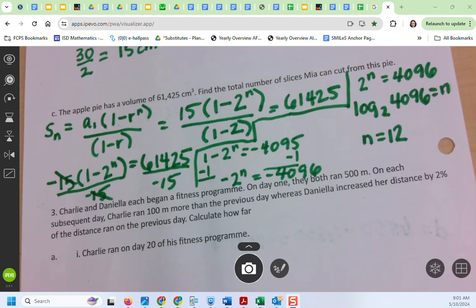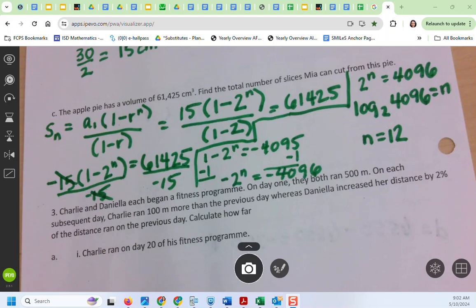Charlie and Daniela began a fitness program. You can tell it's IB because of the way they spell things, program. On day 1, they both ran 500 meters, and on each subsequent day, Charlie ran 100 meters more than the previous day, whereas Daniela increased her distance by 2% of the distance they ran on the previous day. So here's my first question. Which of these is arithmetic and which is geometric?